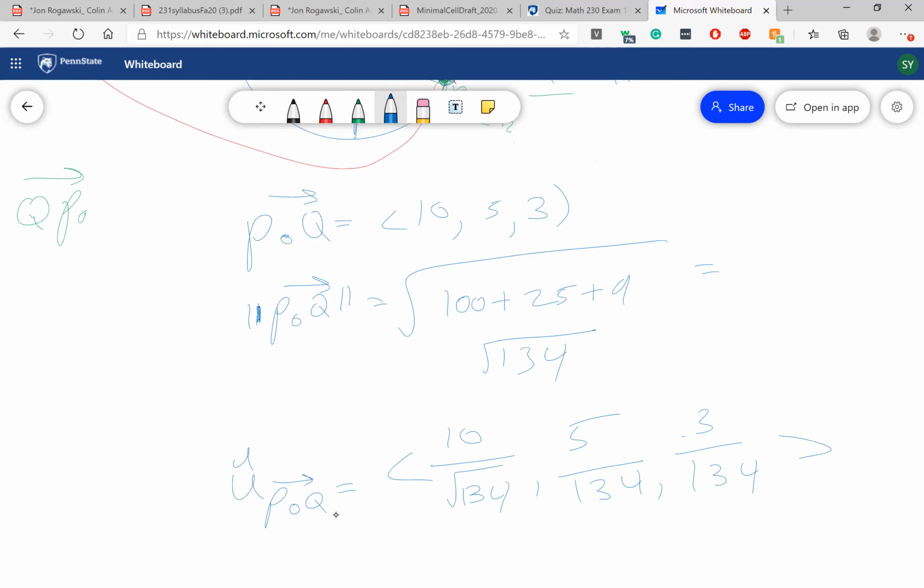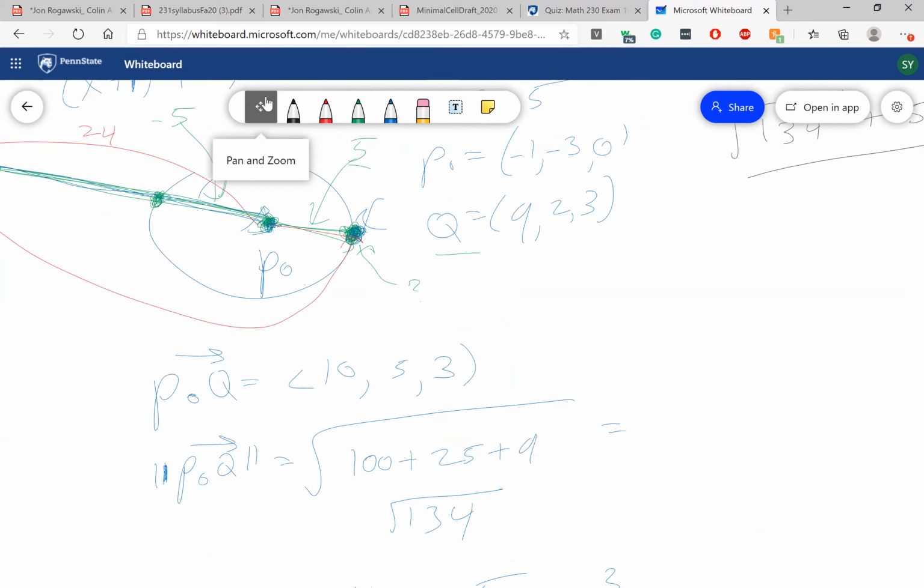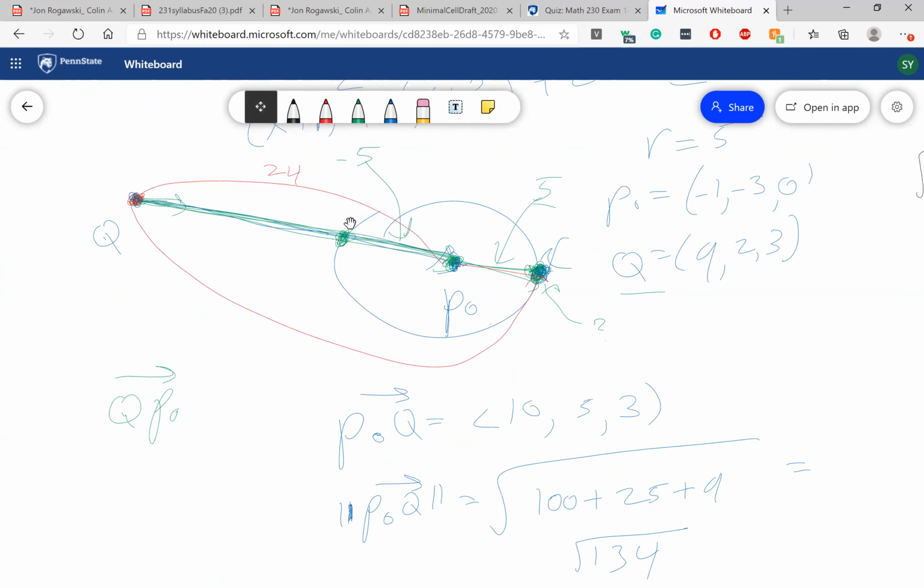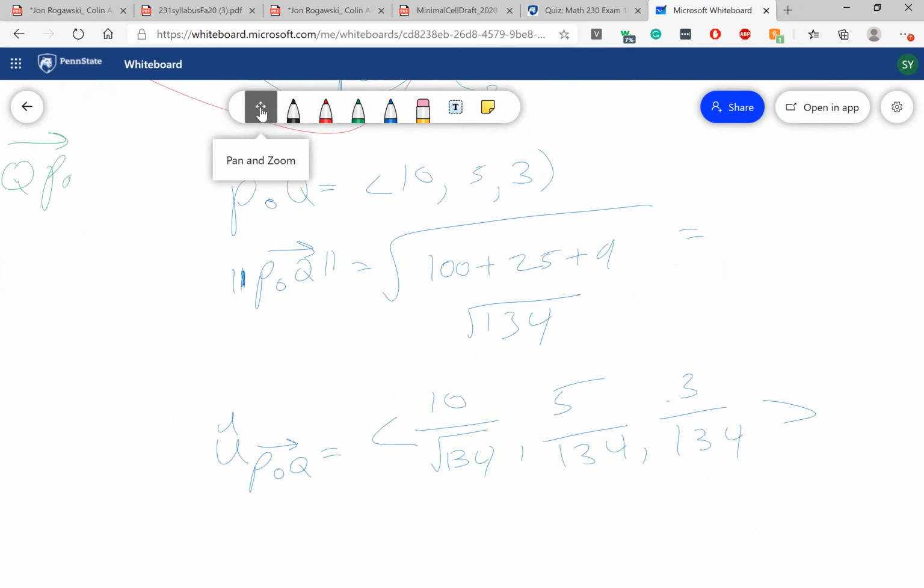So this is the unit vector. And now we know the distance from this point to this point, and we have a unit vector here right now. So we just need to multiply by the distance, and we'll be hitting our sphere.